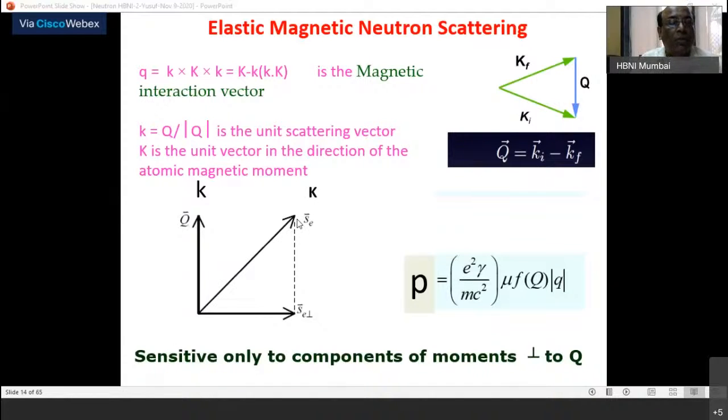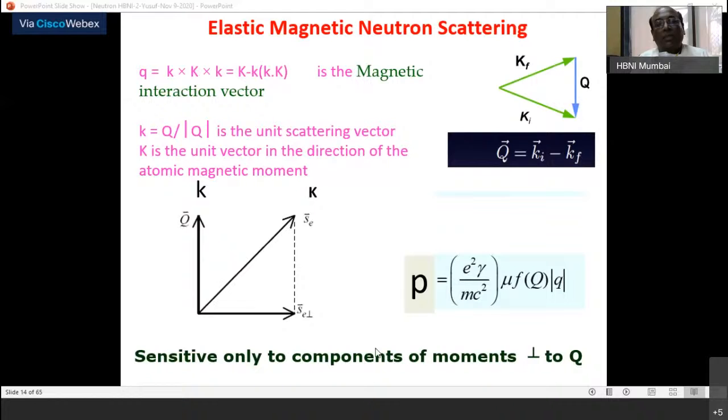So that is the total moment of the atom or ion, mu, and mu perpendicular to Q. So this is what comes. So this is my conclusion. In magnetic neutron scattering, the component of the moment which is perpendicular to the scattering vector Q is only sensitive for magnetic neutron scattering. Fair enough.